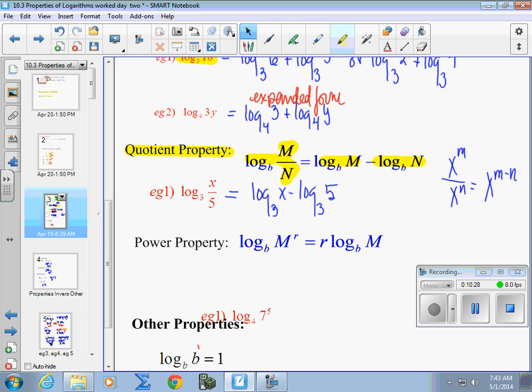Next, we have the power property. The power property says log base b of m raised to the r is equal to r times log base b of m. Once again, this is the expanded form. What happened is r moved to the front of the logarithm.